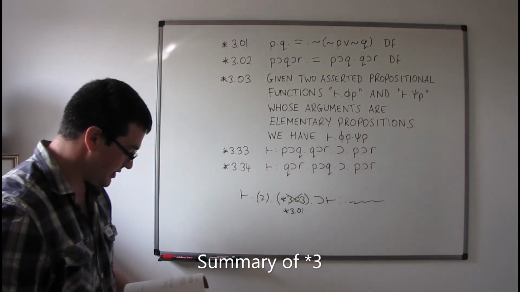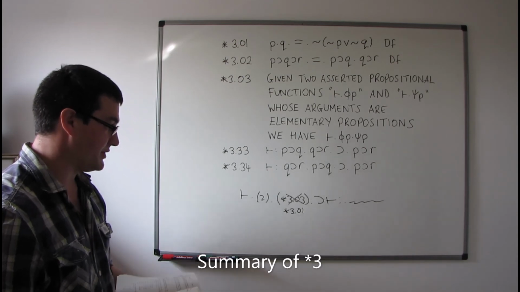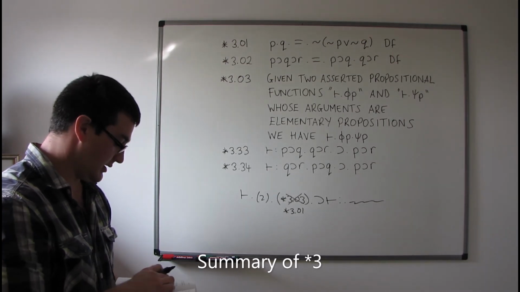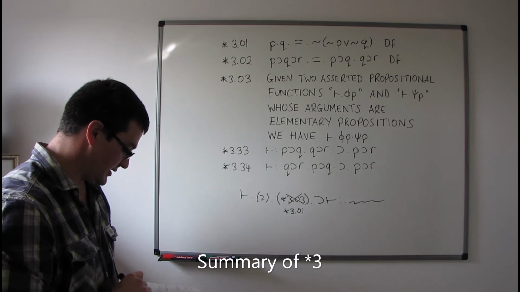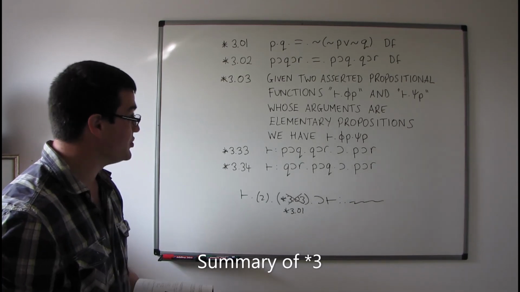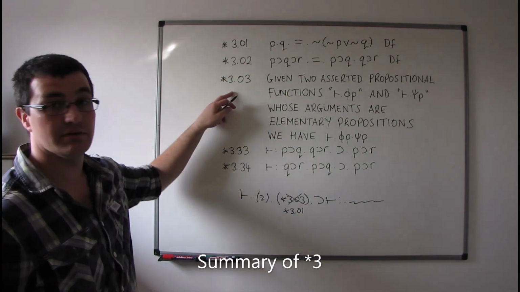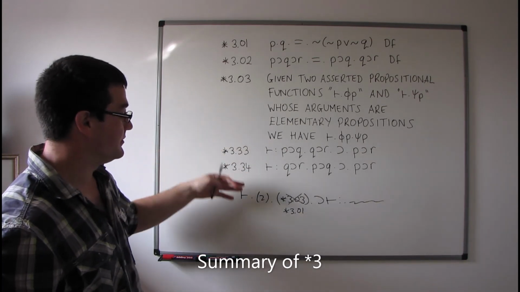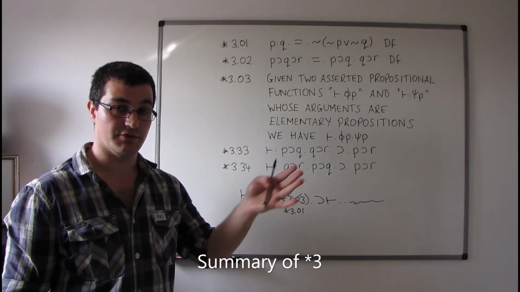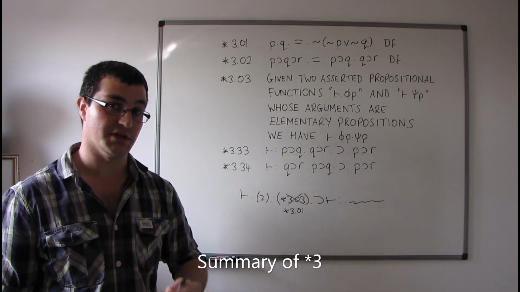And there's two ways that I know it can't be 3.03 for certain. One, we're trying to prove 3.03 here, so to use 3.03 to prove 3.03 would be circular.